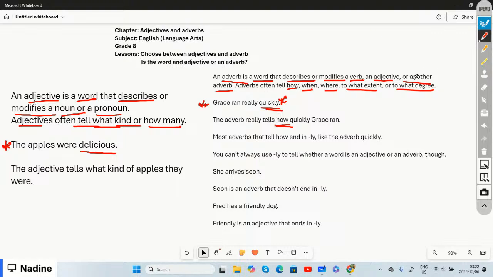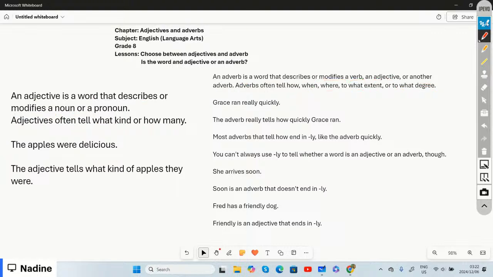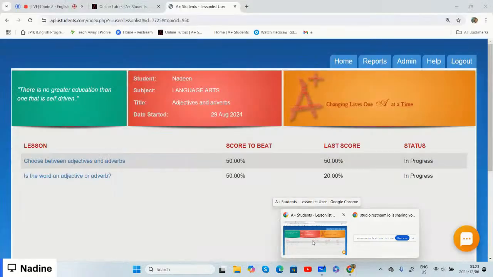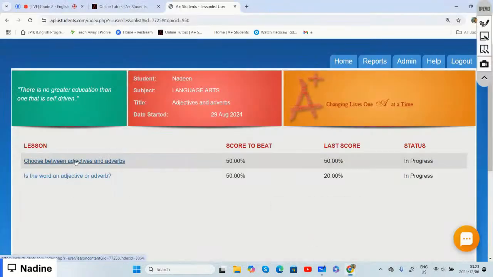All right, so now we're going to aplusstudents.ca, and we're going to choose between adjectives and adverbs.